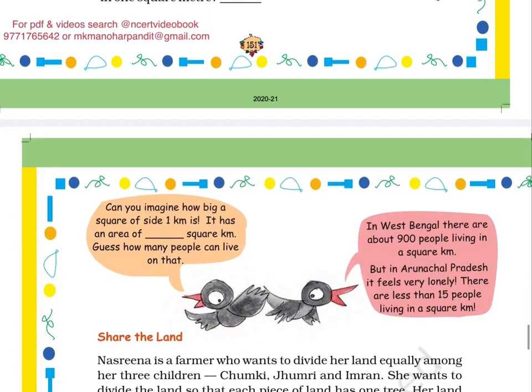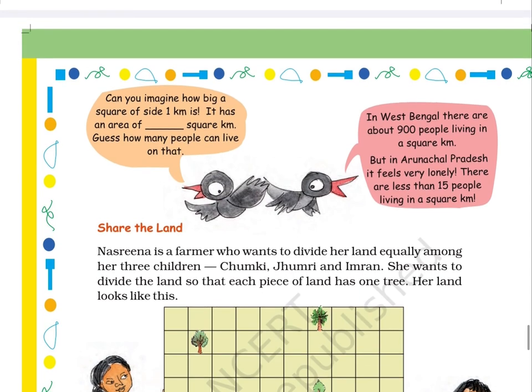Page 152. 2 birds are seen talking to each other and telling us something really important. Bird 1 says, can you imagine how big a square of side 1 kilometer is? It has an area of dash square kilometers.